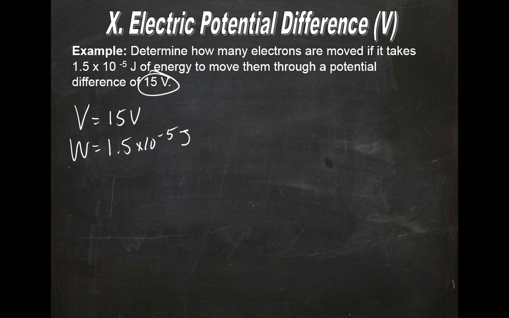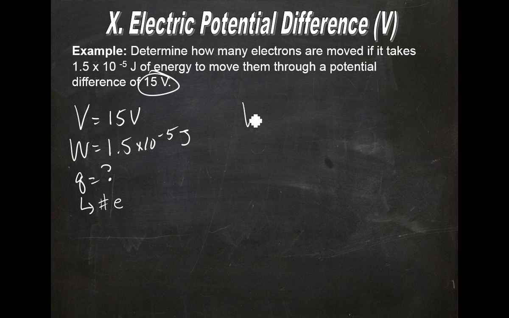If we want to find the number of electrons, we'll first need to find the amount of charge that's moved and then convert that charge to electrons.